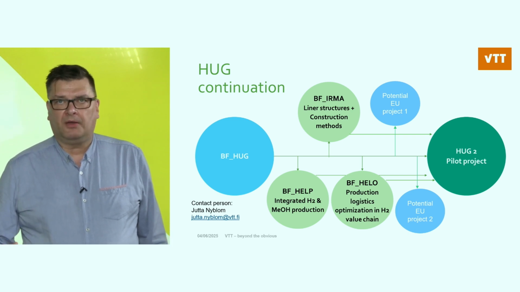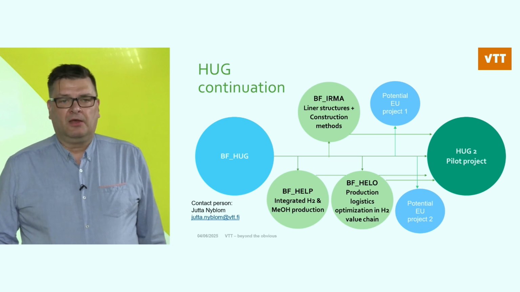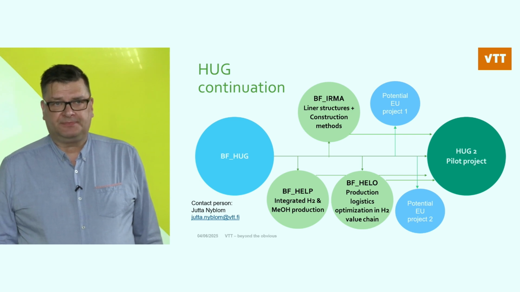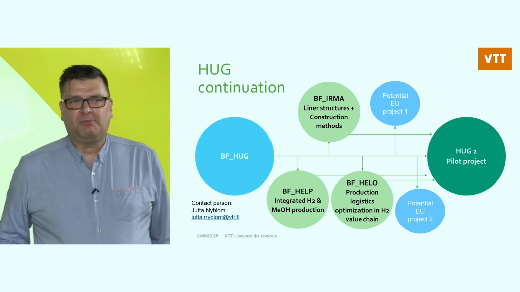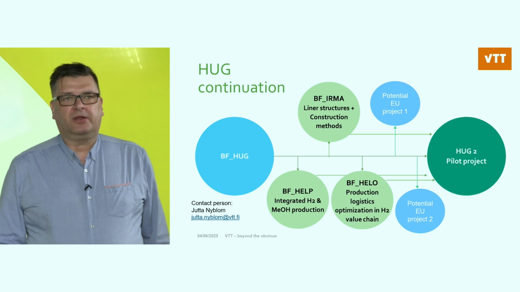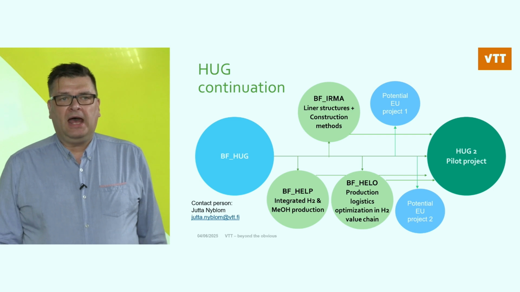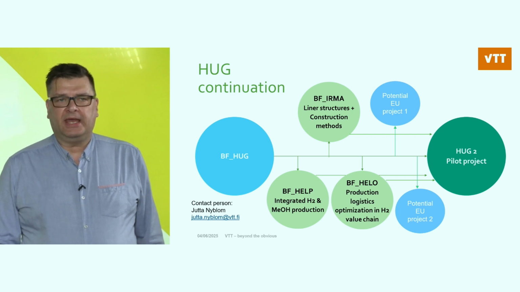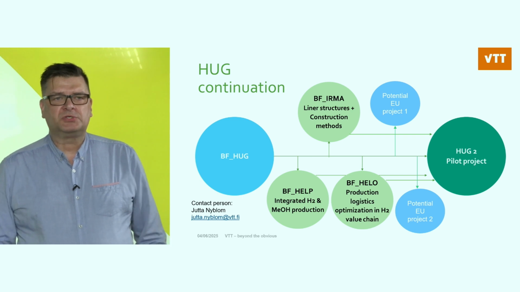So what kind of solutions could be made for production sites to better understand and control the life cycle issues of such production sites. Then there is a short name IRMA, which is concentrating on liner structures and construction methods, and PF Helo, which is focusing on the production logistics and optimization of hydrogen value chain.